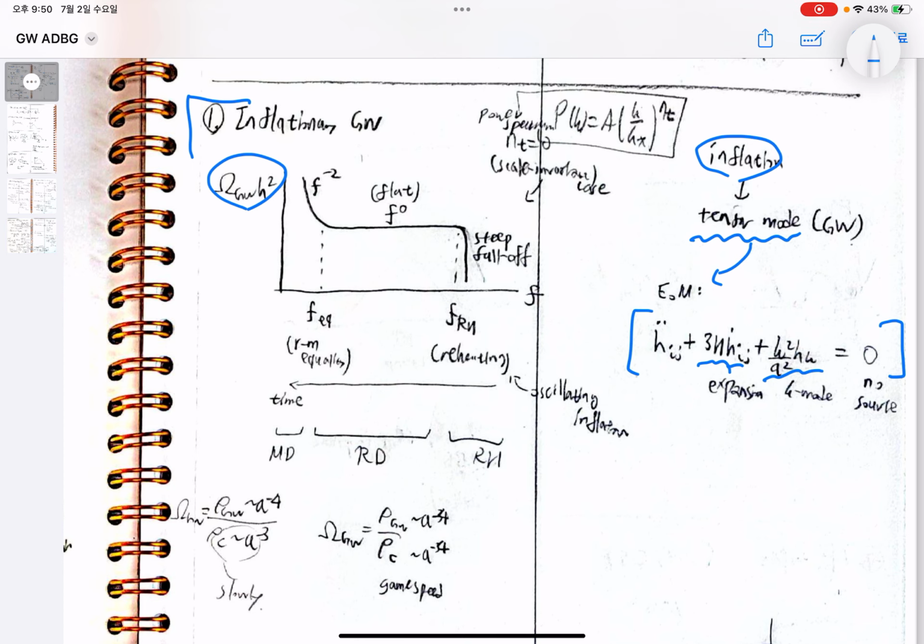There are two moments where the behavior changes. The first one is the reheating temperature, and the second one is the radiation-matter equality. So before the reheating temperature, the slope of the curve drops or grows.